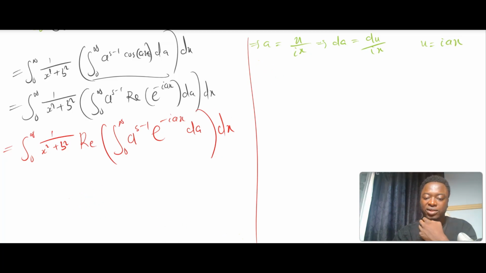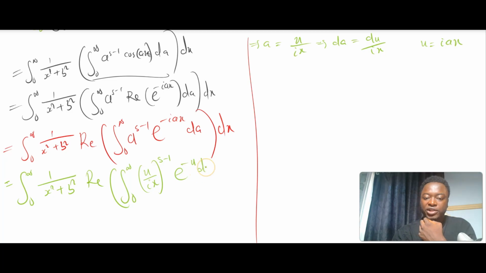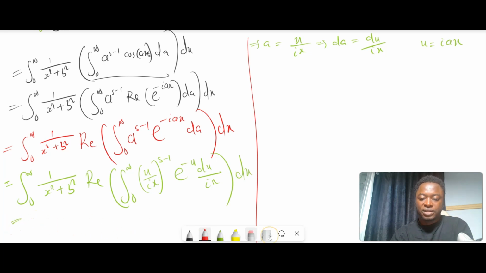So in this case you end up with the integral from 0 to infinity of 1 over x squared plus b squared times the real part of, and of course the limits of integration will still be from 0 to infinity, the integral of u over ix to the power of s minus 1, e to the negative u, then du divided by ix, then you have dx.